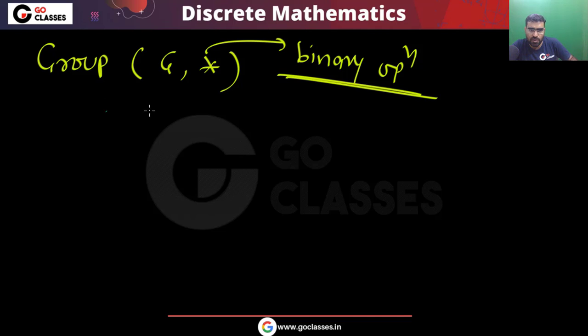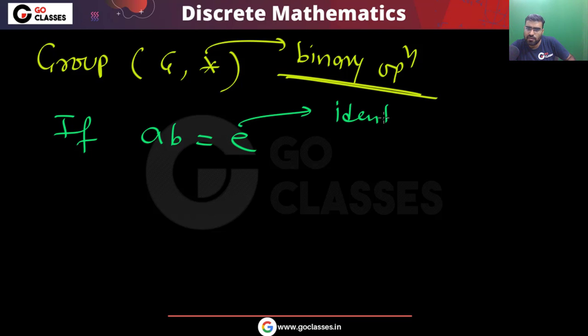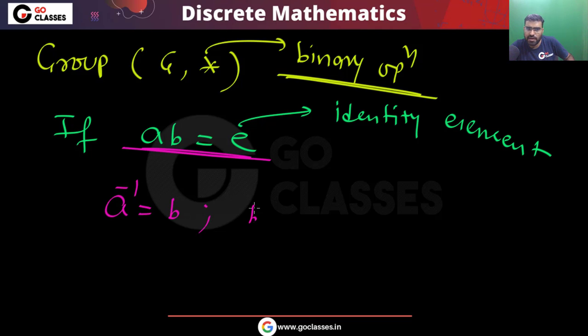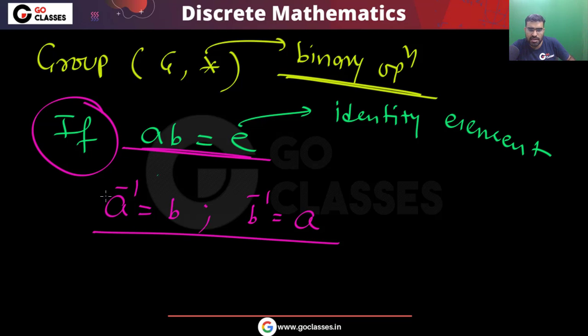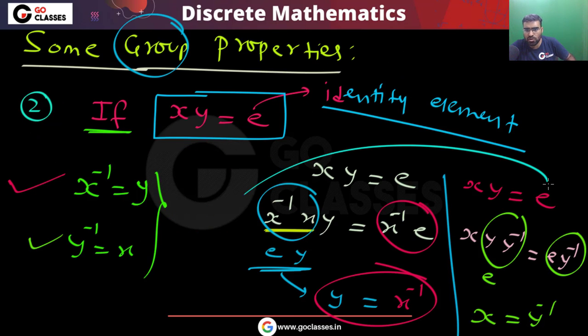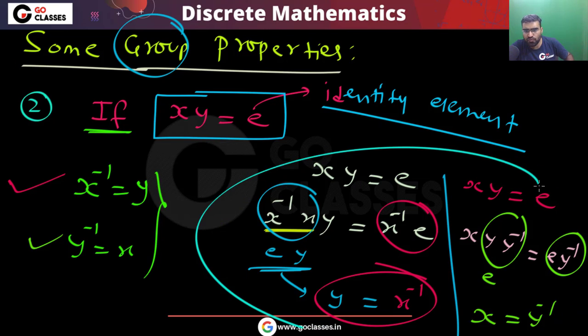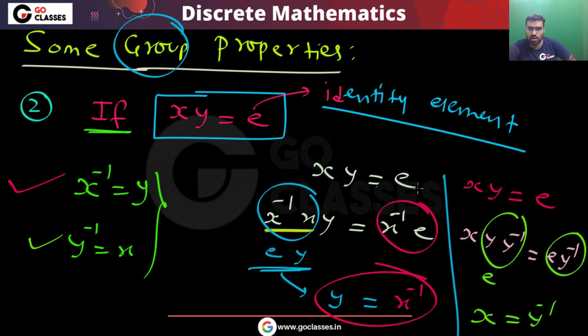If you have a group in which it happens that AB is equal to E, where E is the identity element, then remember A inverse will be B and B inverse will be A. This proof we have already seen in the lectures, but again, I have told you. So these properties we are going to use.